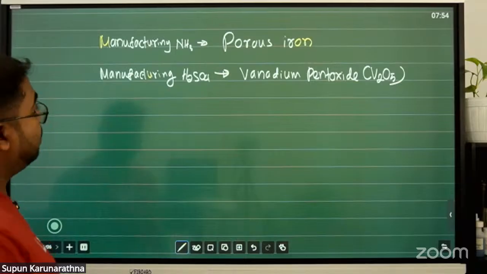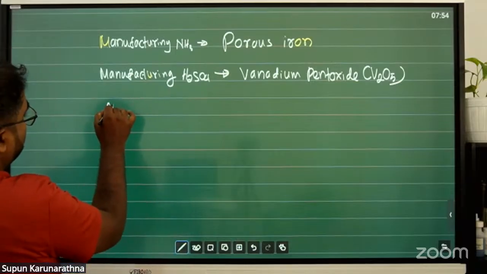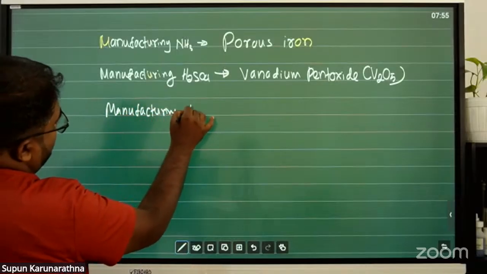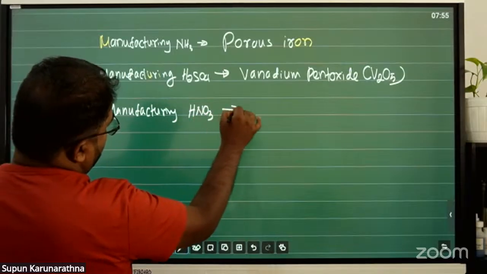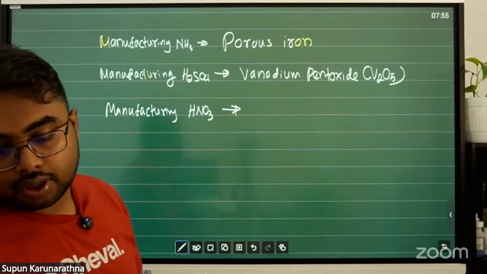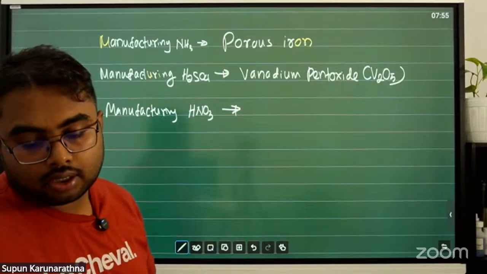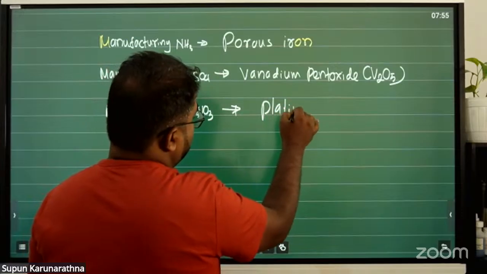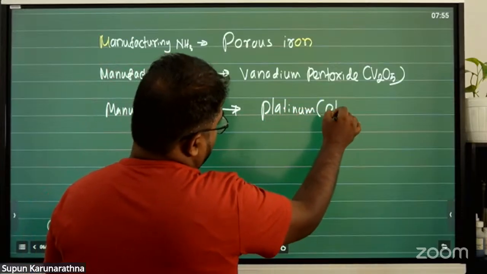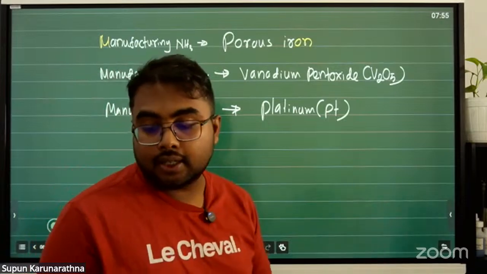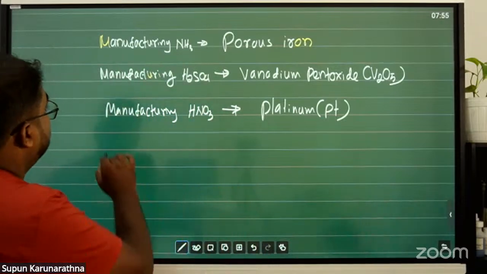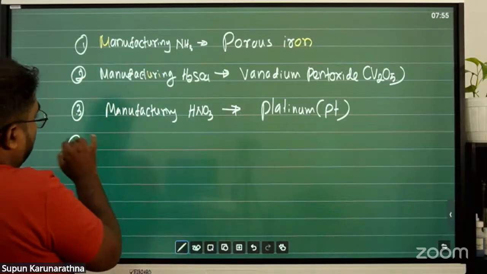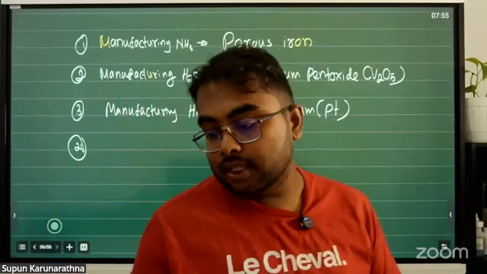Manufacturing nitric acid, HNO3, uses platinum. Another industry, manufacturing margarine, uses nickel. Those are the industries.